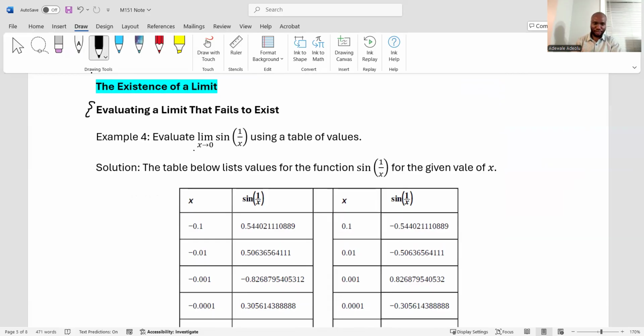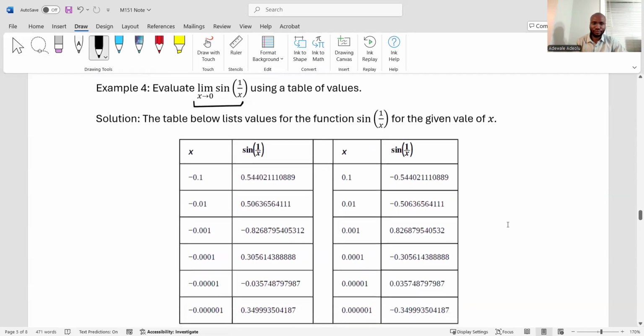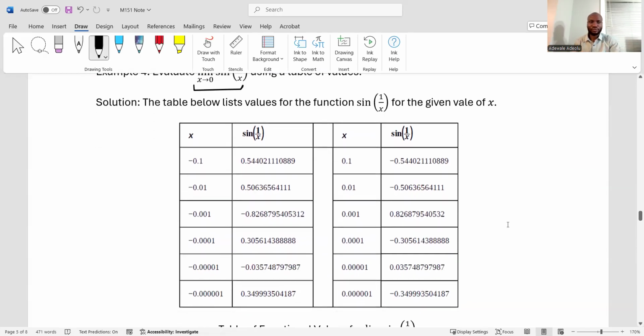A good example is the function sine 1 over x as x goes to 0. Again, let us use a table of values. You know how to pick those points now, like 0.1, because we are trying to get to 0. And on the other side as well, 0.1, 0.01, and so on.